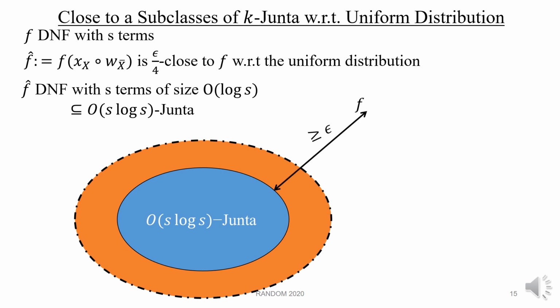If F is epsilon far from the class, then F hat is 3/4 epsilon far from the class. If F is in the class, then F hat is also in the class, because a random projection with W of a DNF gives a DNF.